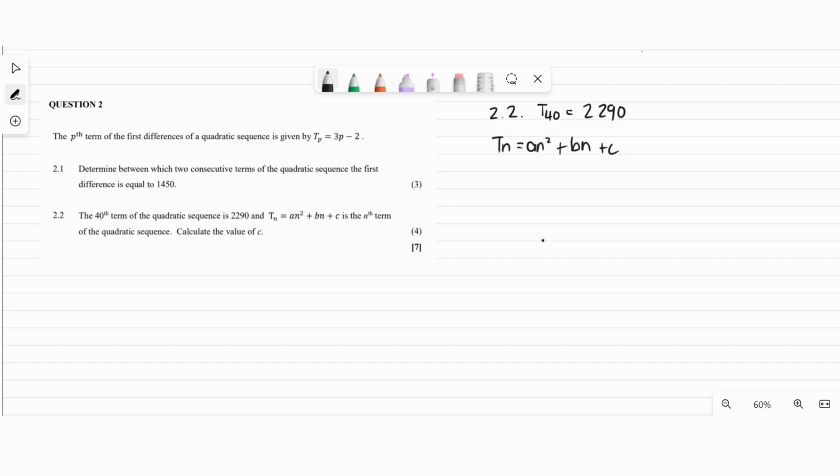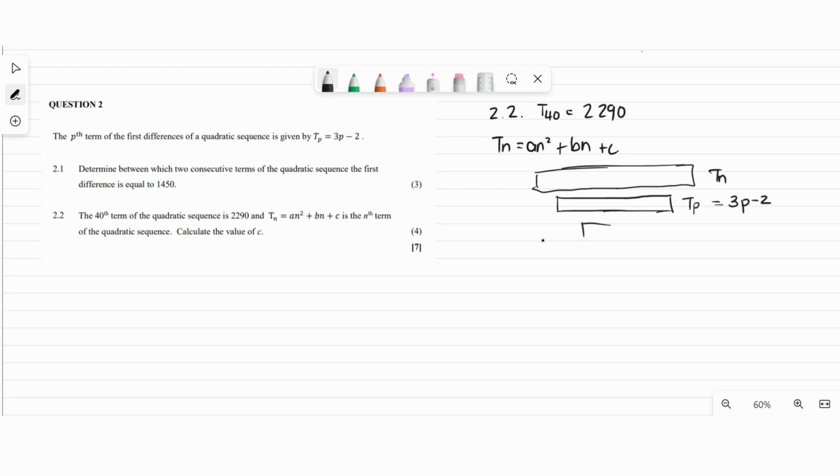And they tell us to calculate c. So what do we know? We know the first layer is the Tn, the general sequence. Then the second layer is your first difference, which is an arithmetic sequence, which in our case they gave us as TP is equals to 3P minus 2.